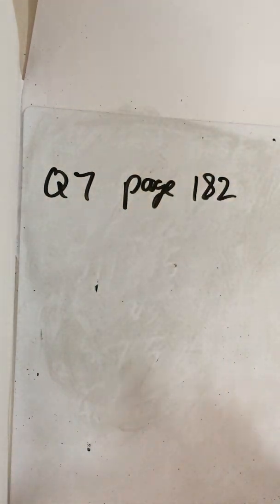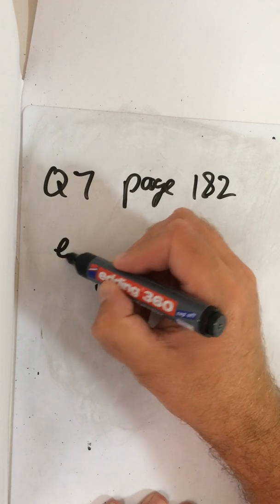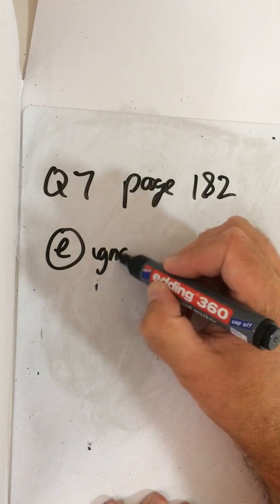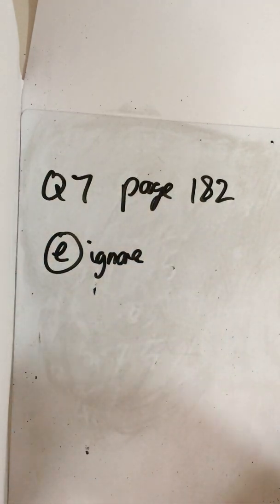When you get to question E, I'm happy for you to ignore it. I think they've made a mistake with the question because otherwise it's very tricky. But you can have a go at it if you want. Right, could you have a go at those? Please pause the video and then we'll just finish off the lesson when you've done those, okay?